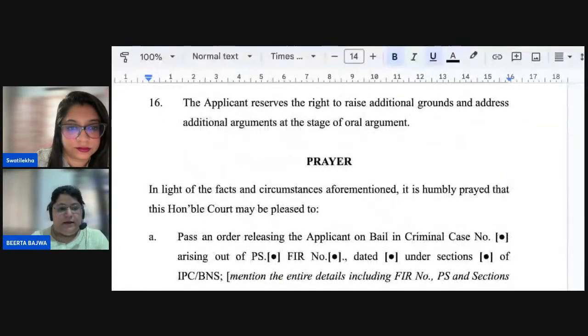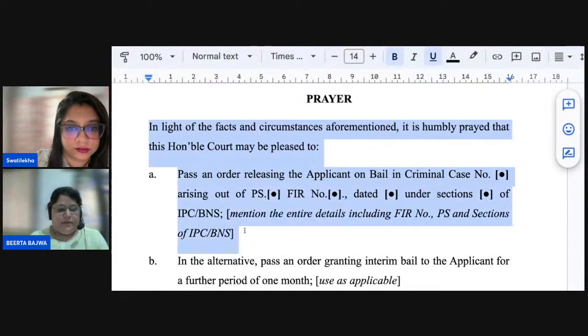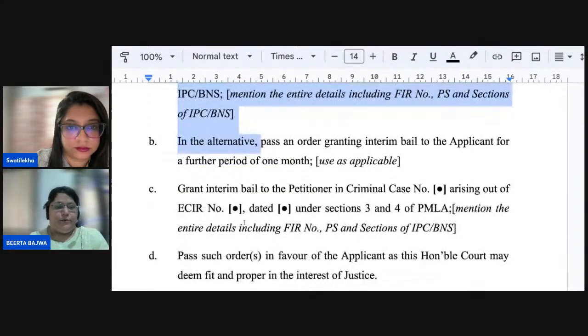Why the prosecution case is not maintainable, and why you need to be granted bail. This is called a regular bail application under section 437 and section 439. Okay, this is what your prayer goes as.